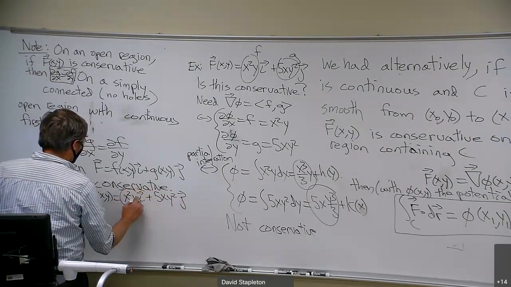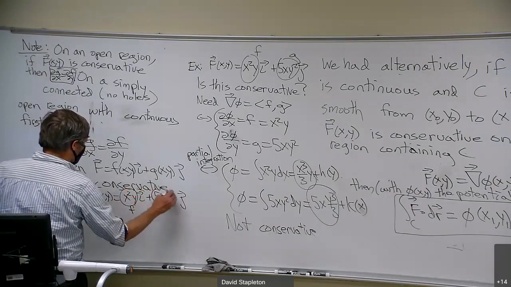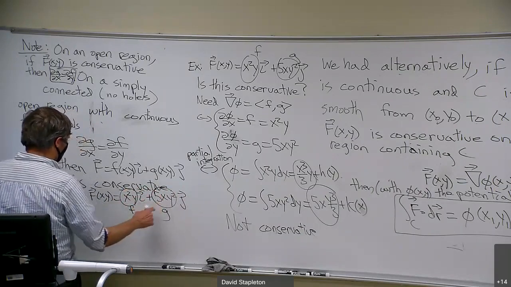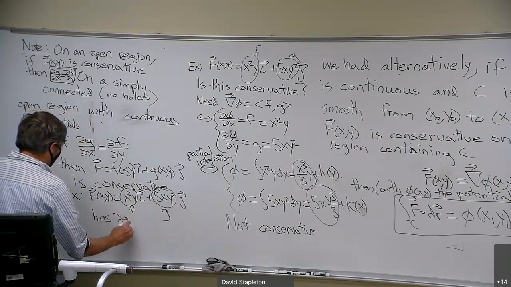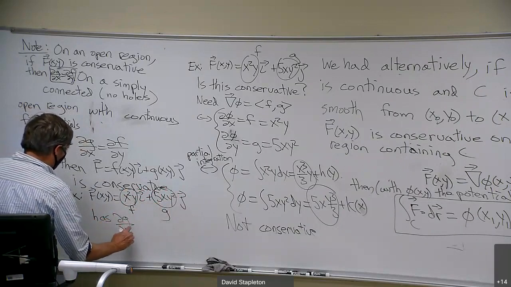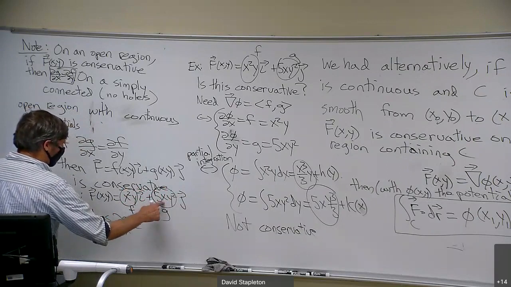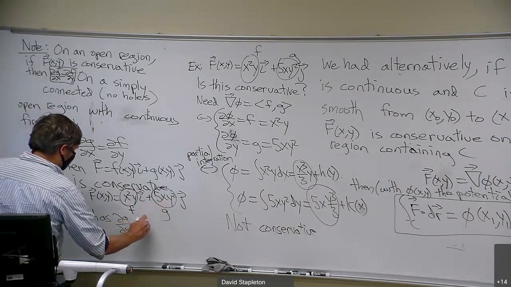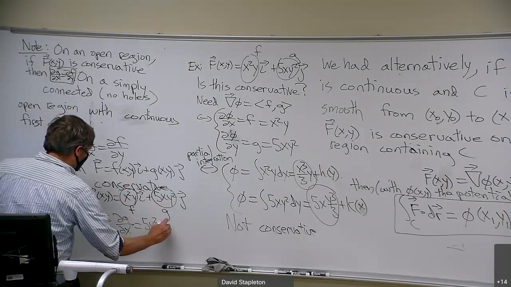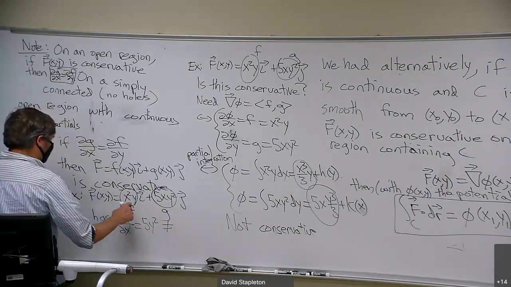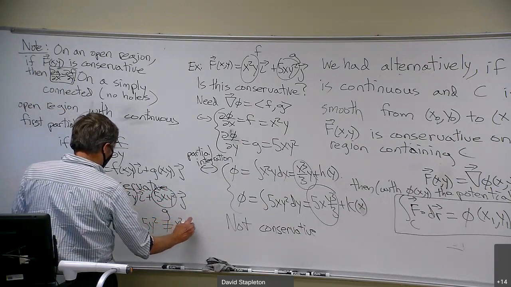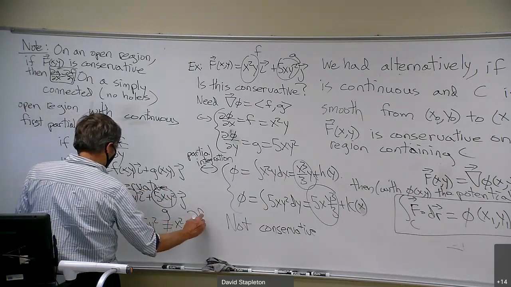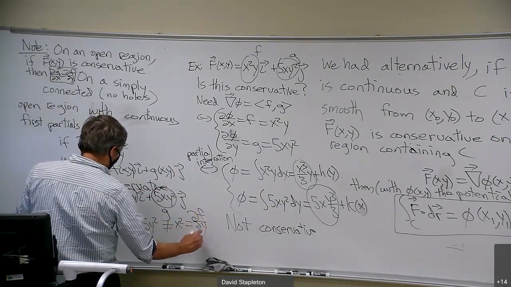This is your little f, this is your little g, just whatever multiplies i, whatever multiplies j. dg dx equals 5y squared, which is not equal to the partial of this with respect to y, which is x squared, on an open region.